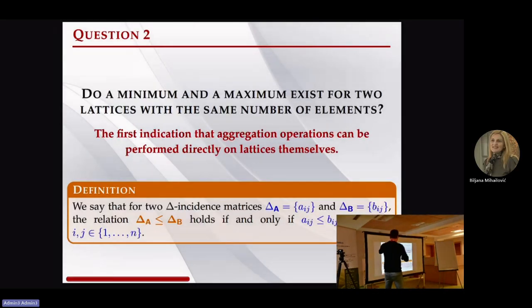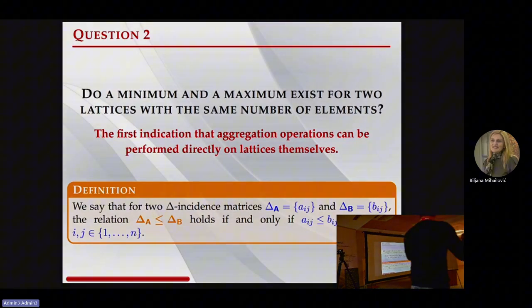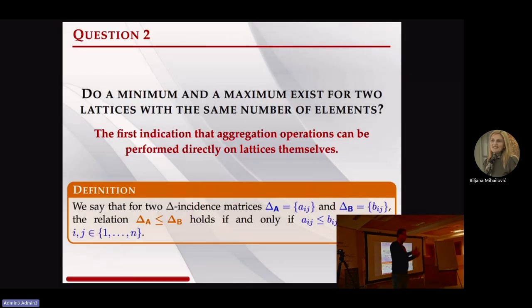So question 2: how does the minimum or maximum of 2 finite lattices look? Or in other words, how can we aggregate 2 finite lattices?